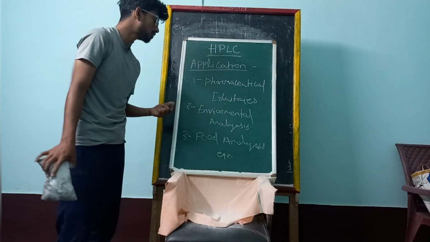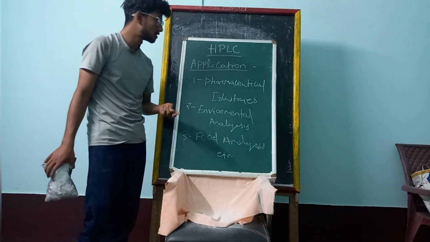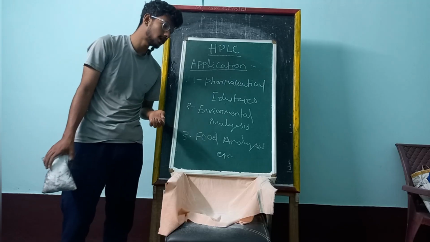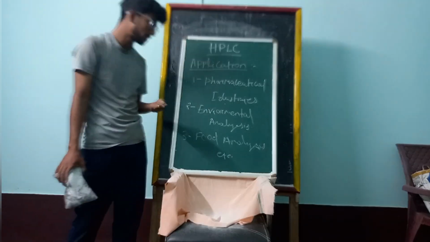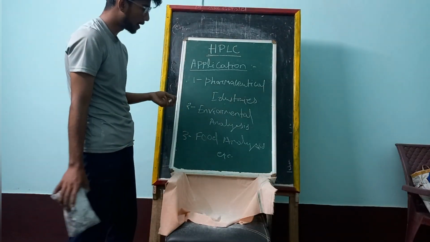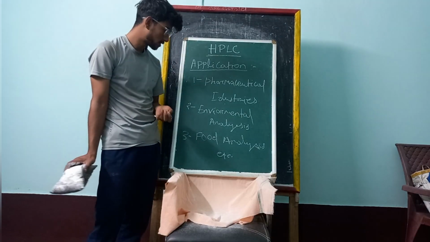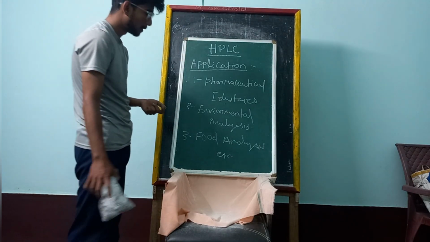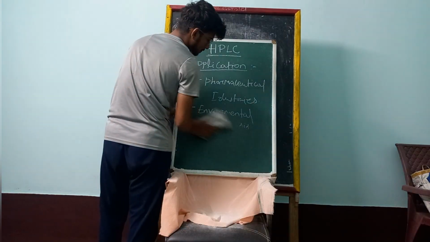In pharmaceutical industries, HPLC is used to separate various drug mixtures. In environmental analysis, it is used to detect pesticides, separate impurities, do impurity profiling, and detect heavy metals. In food analysis, various types of carbohydrates, vitamins and minerals can be detected through HPLC.